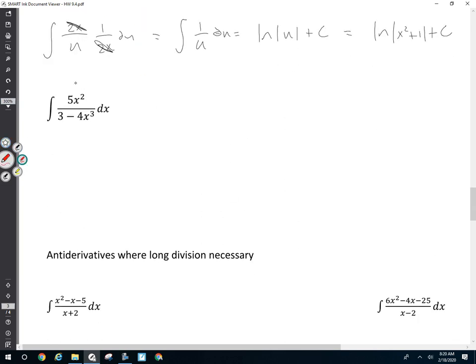This is an x squared. This is an x cubed. When I take the derivative of this denominator, it's a version of the numerator. So I take u equal to my denominator.